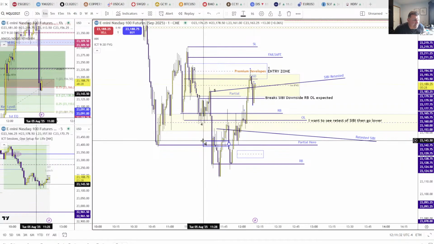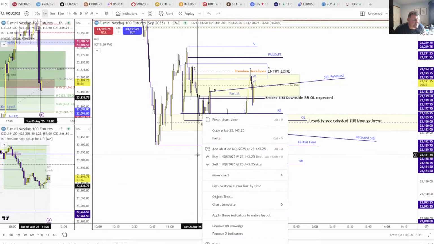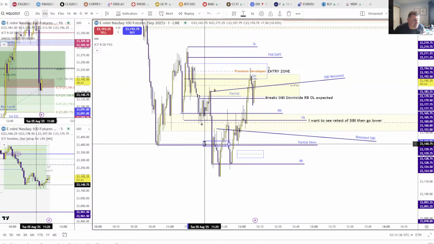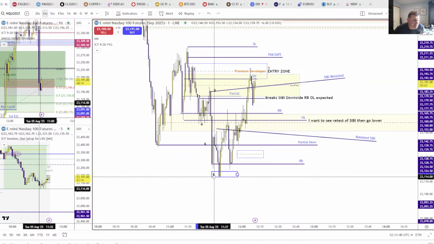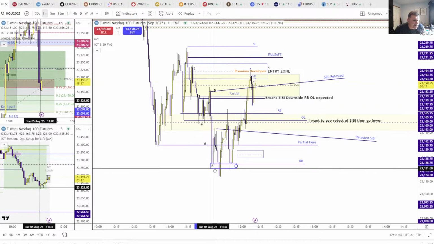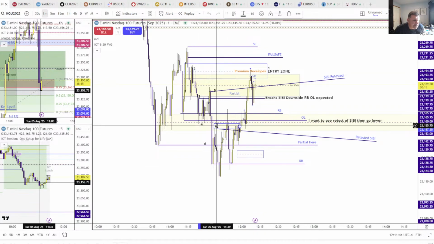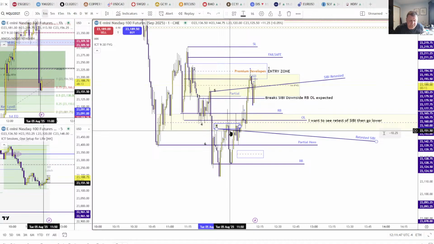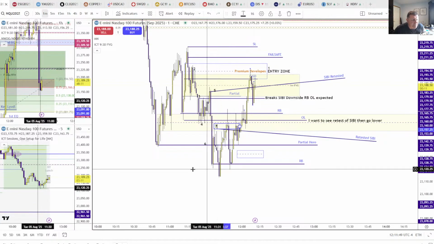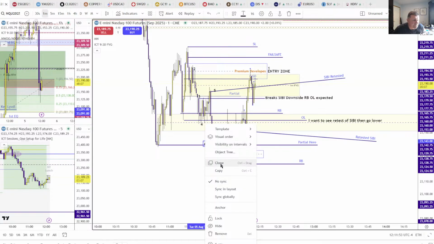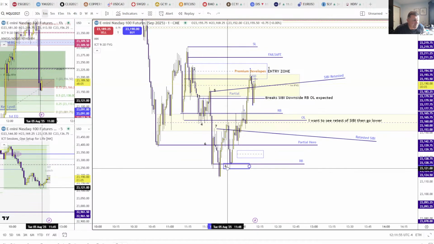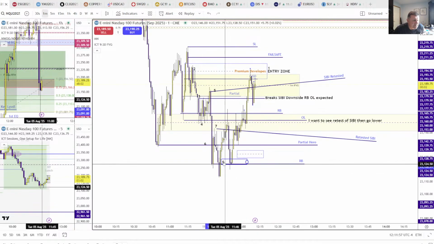Then 7. And those who are just tuning in, go back over this and you'll see a retest of this. That's 7. And then 8 will give you this little right here.